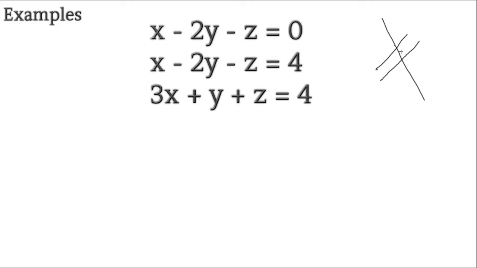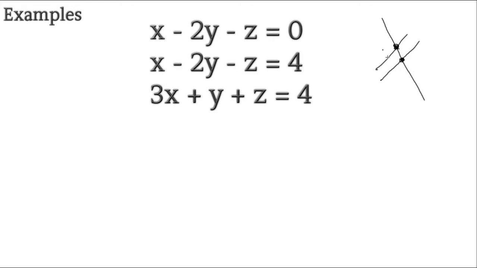So technically there are two solutions here, and we can indeed find the solution to these. What we need to do is something called Gaussian elimination, which means removing some of these variables.